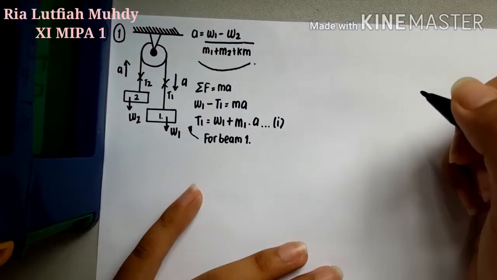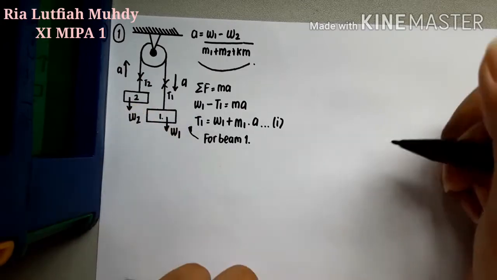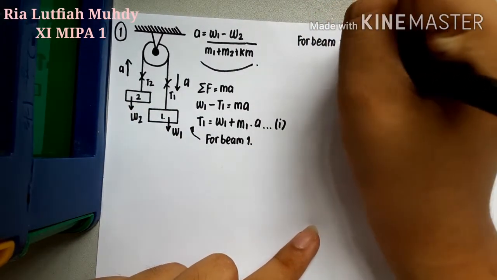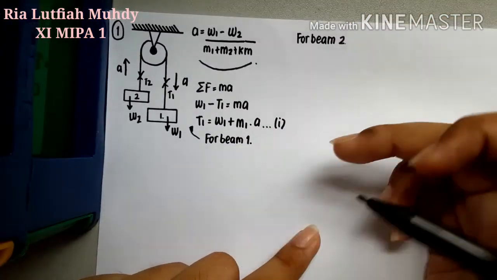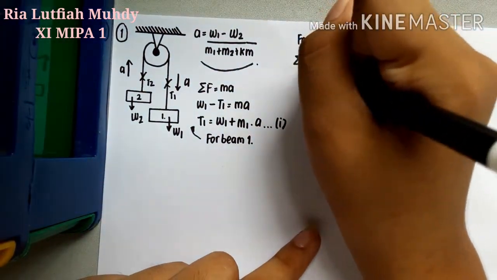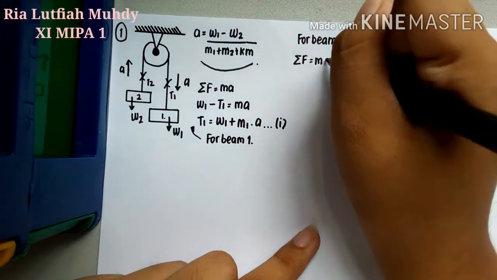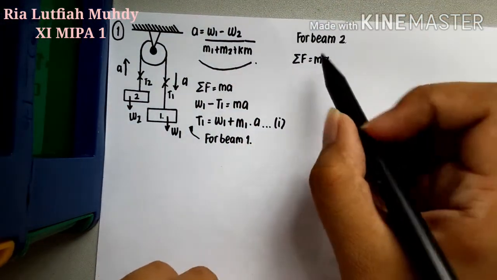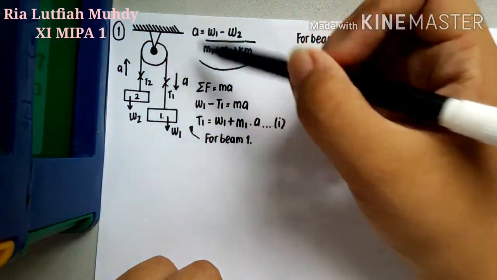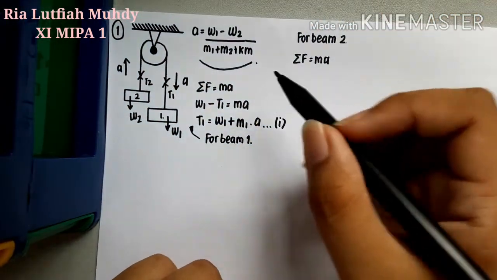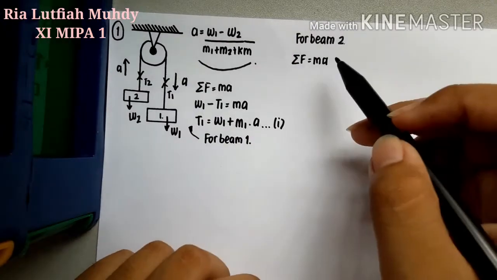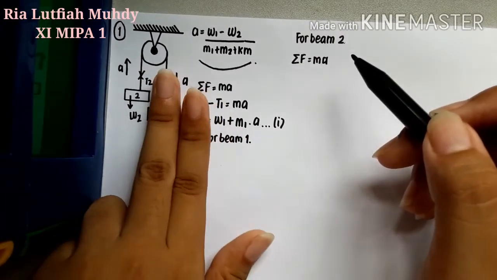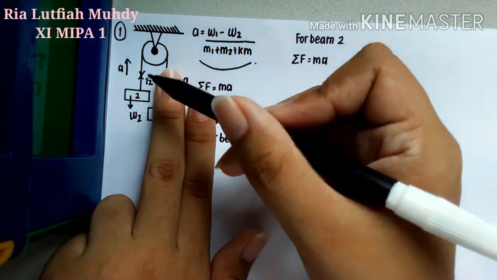Then we can look at beam 2 over here. It is the same as beam 1, so we can write sigma F equals mass times acceleration. Why do we use sigma F equals mass times acceleration? Because this ballet or this machine is moving, so we use Newton's second law. Going to beam 2, without looking at beam 1, the forces are tension and weight.